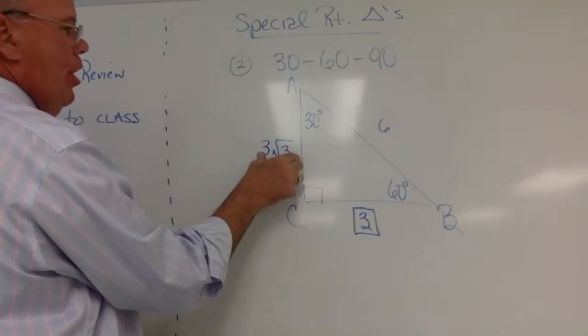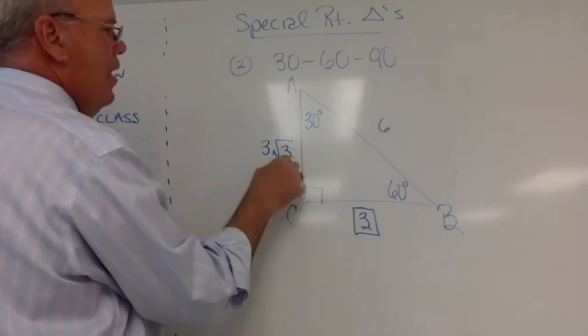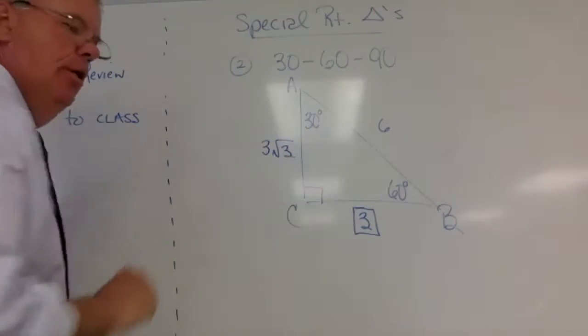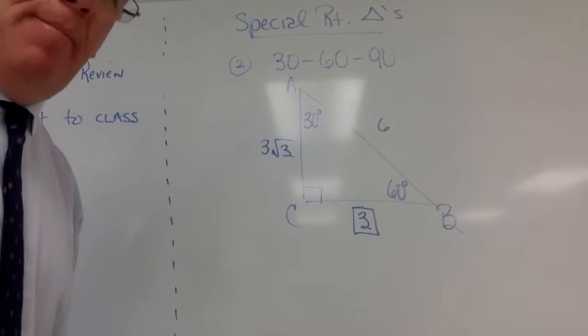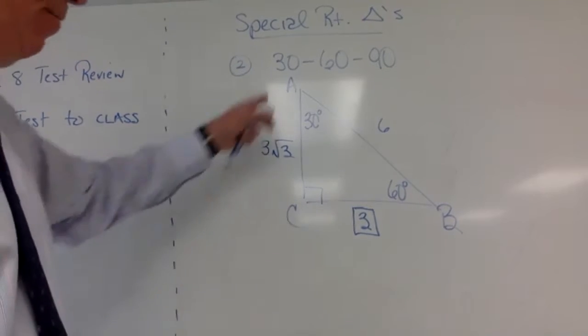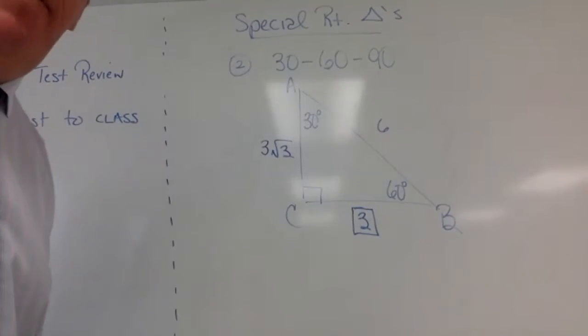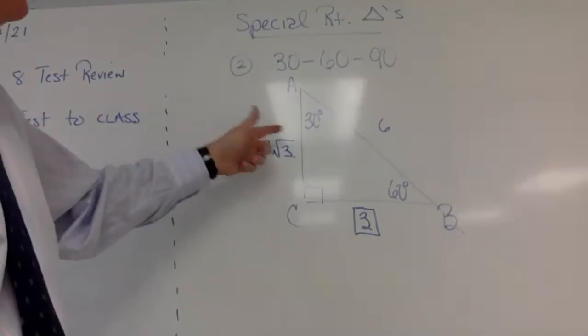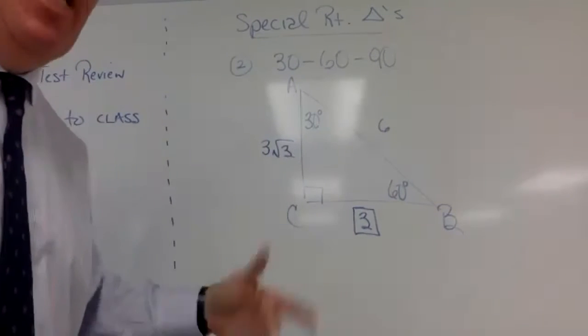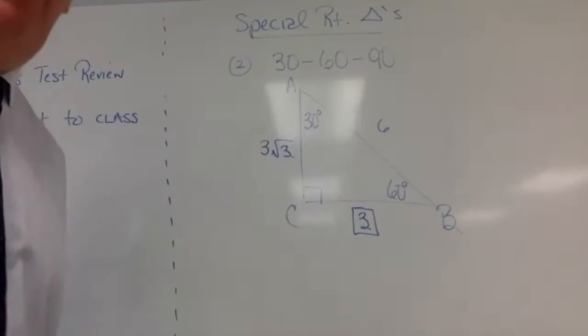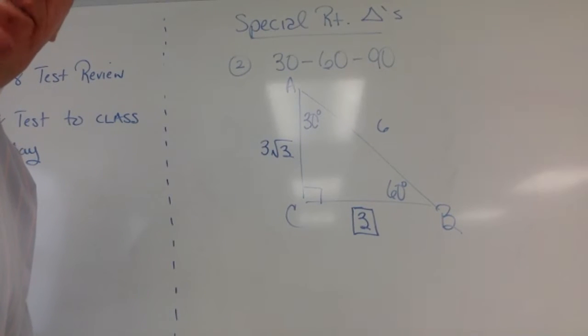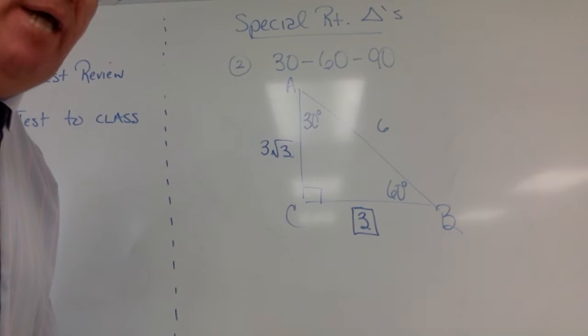The longer leg is radical 3 times the shortest side. Does that make sense? So if I give you one of those, you should be able to give me the other. Now, if I knew this and this, I could figure that out using the Pythagorean theorem. But why would I do that when I could do it all in my head? Does that make sense to you guys?